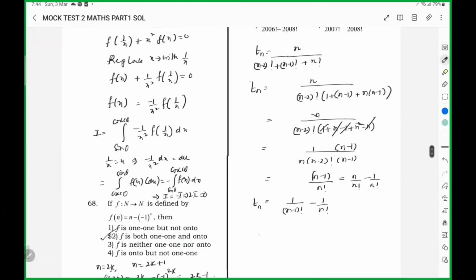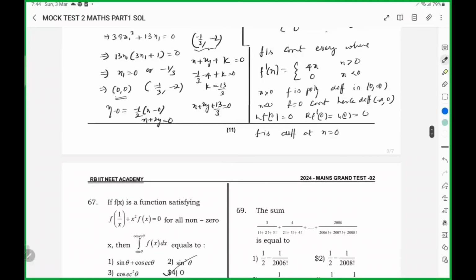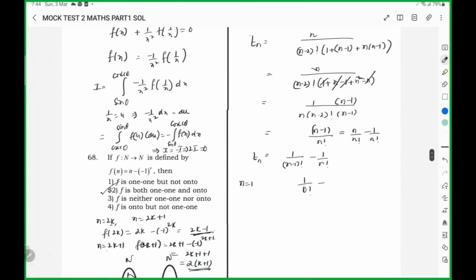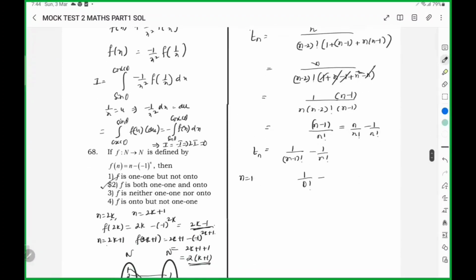For the nth term, put n equal to 1, T1 you get 0. Here it starts from 3, right? Okay, let us take 3. N as 3, T3 will be 1 by 2 factorial minus 1 by 3 factorial.